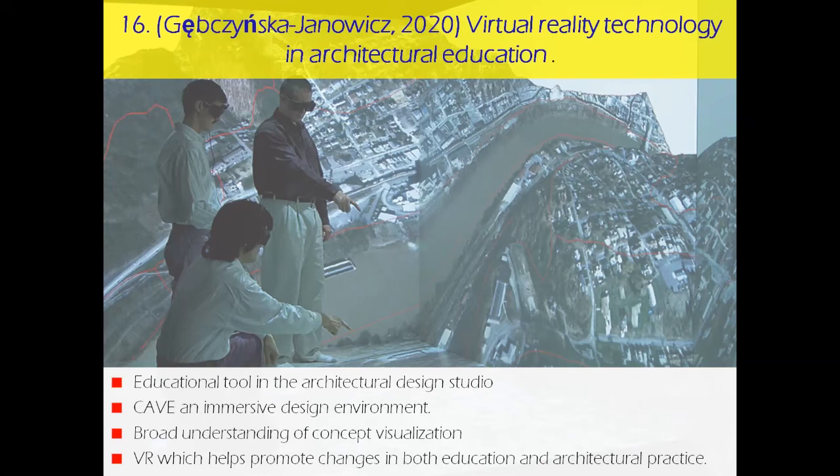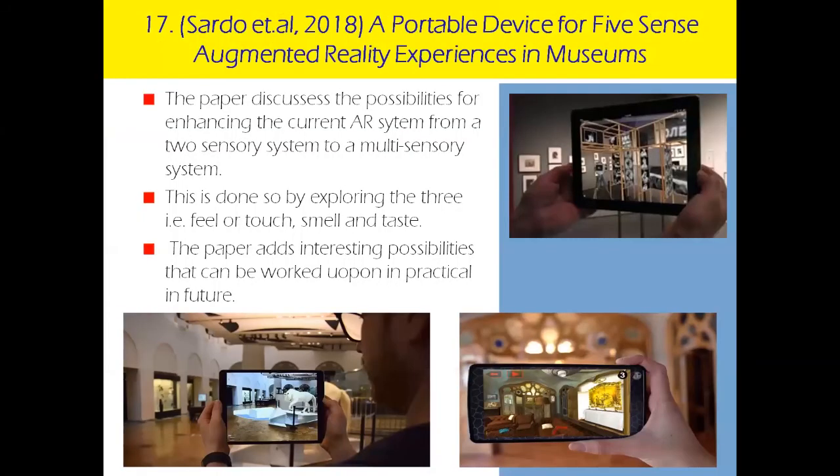A portable device for 5 sense augmented reality experience in museums. So this study was recently done, and this paper discusses that AR and VR is usually about two senses out of the five that we have, which are the visual sense and the hearing sense.